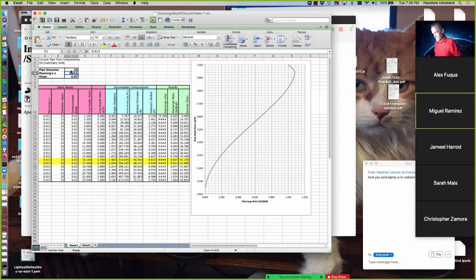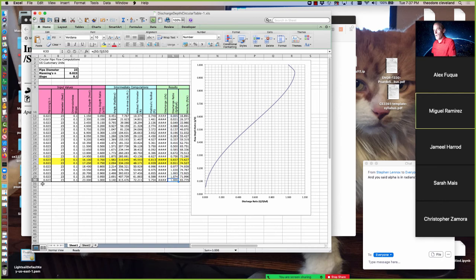If I change Manning's n, the picture doesn't change. If I change the slope, the picture doesn't change. But you notice all the table values changed. And so the beauty of a dimensionless chart is the two things that we're plotting stay constant regardless of the other components.